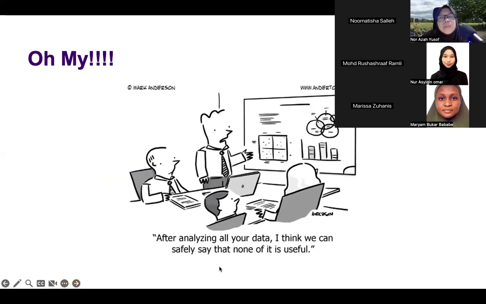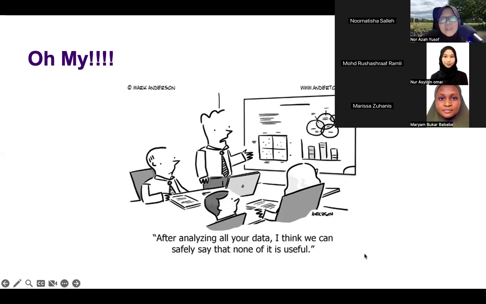This is something that we do not want to happen. We have done the work and collected all the data, but without looking first, analyzing first, without repeating, you present it in front of an important person: after analyzing all your data, I think we can safely say that none of it is useful.